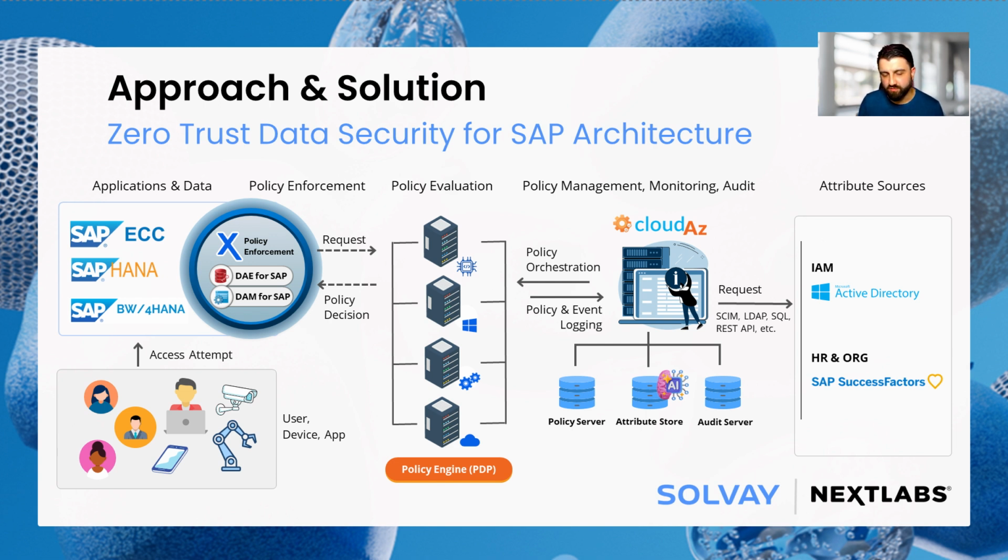In order to have a protection through DAM, you need to have an interception in the code, in the program. It's not complex at all, but you need to add a few lines of code in your program in order to call NextLabs, right? This is through DAM.